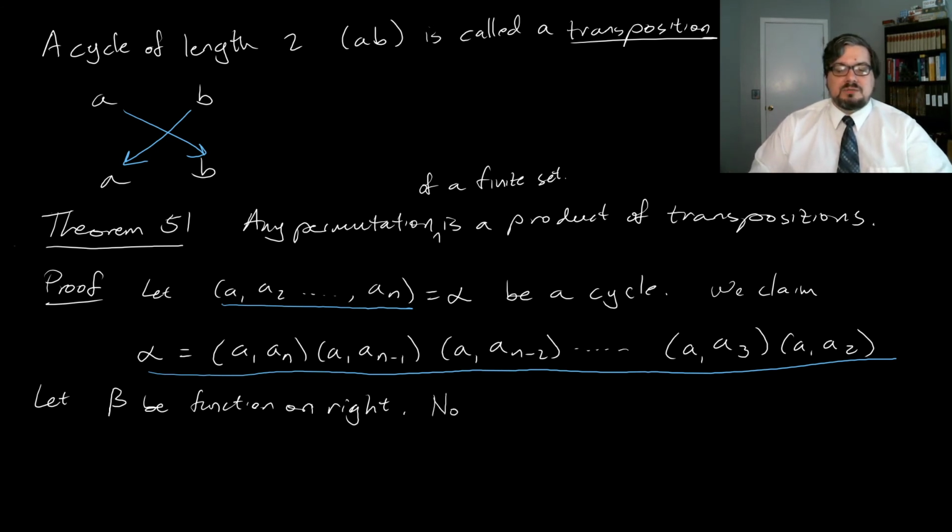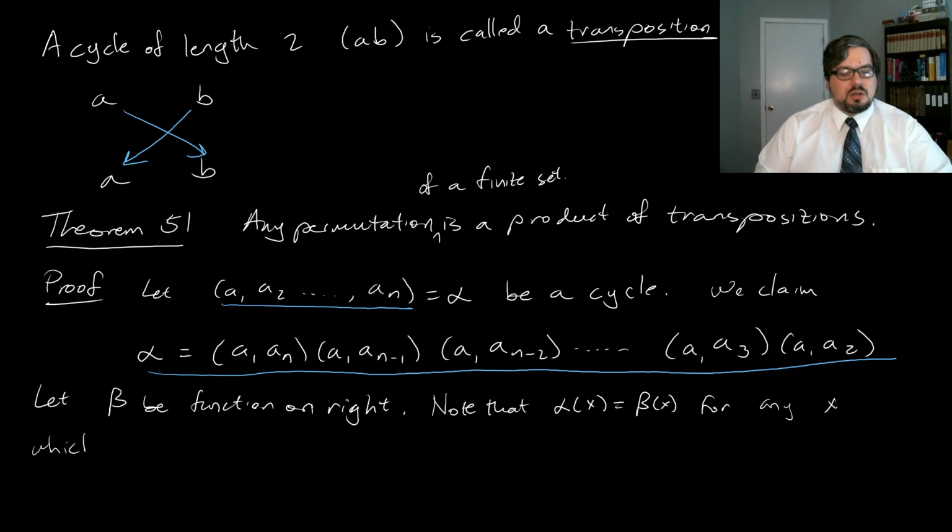So first of all, note that alpha of x equals beta of x for any x which isn't an Ai. And that's because both alpha and beta only include Ai's in the cycles making them up. And so if x isn't an Ai, then neither alpha nor beta do anything to it.